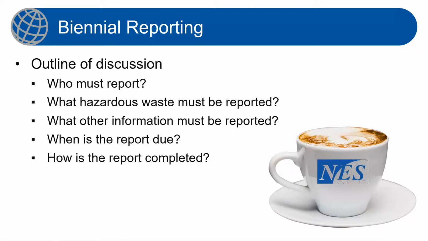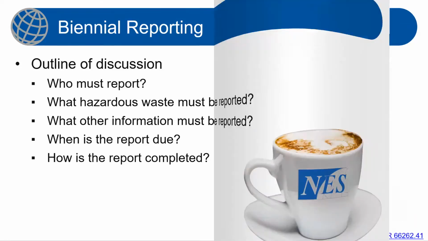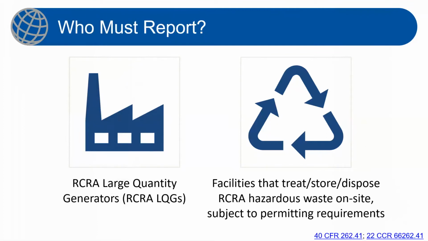And the first element that we want to identify and look at is who is subject to biennial reporting. So when we talk about biennial reporting, the reporting is required of any facility, any site that is a generator and who is specifically a RCRA large quantity generator.